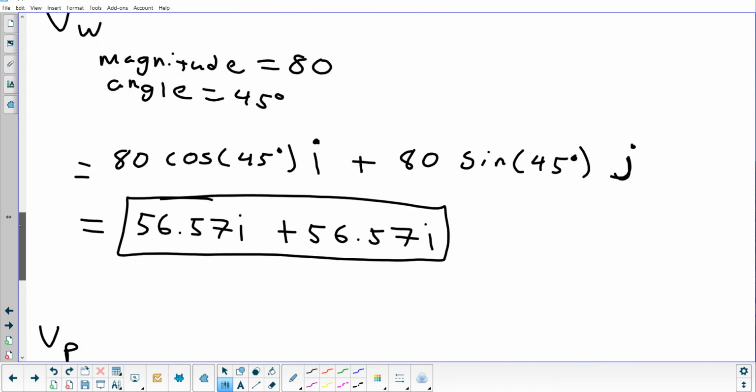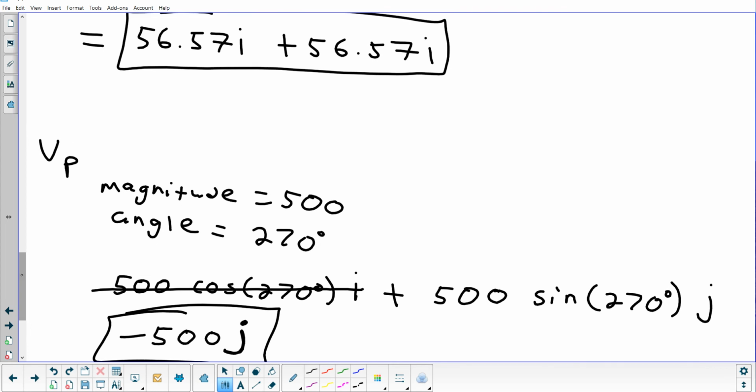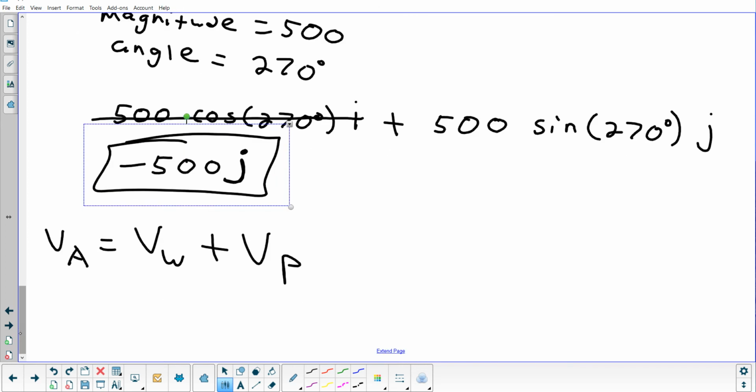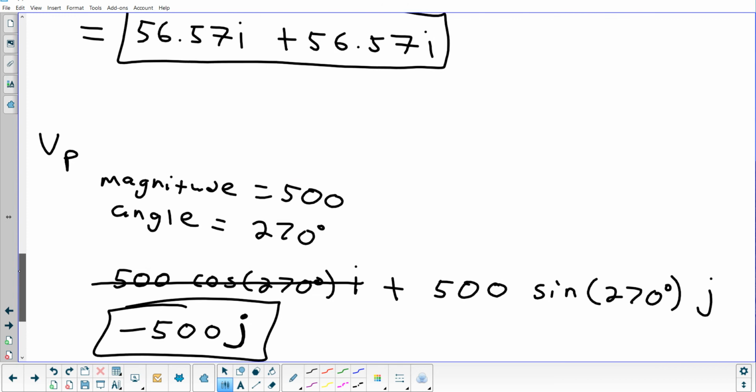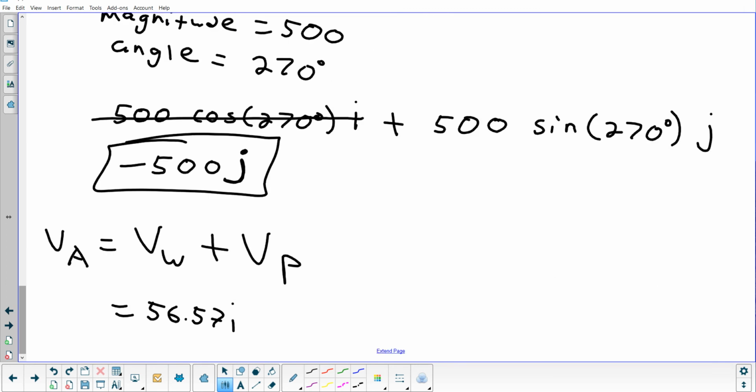All right, so for the wind, what's that one? 56.57i, got it. Well, when I add the plane and the wind, are there any i components to add together? No. So it's going to stay 56.57i. Are there any j components to add together? Yes. 56.57 minus 500. So it's going to slow the plane down a little bit. So it's negative 443.43.